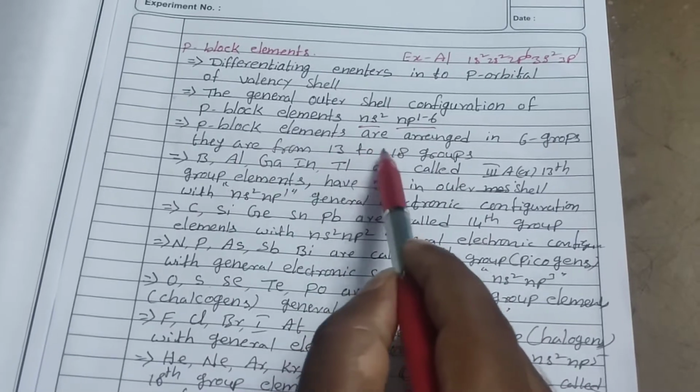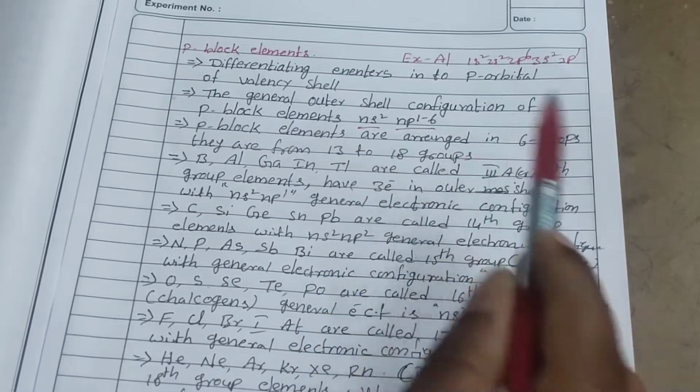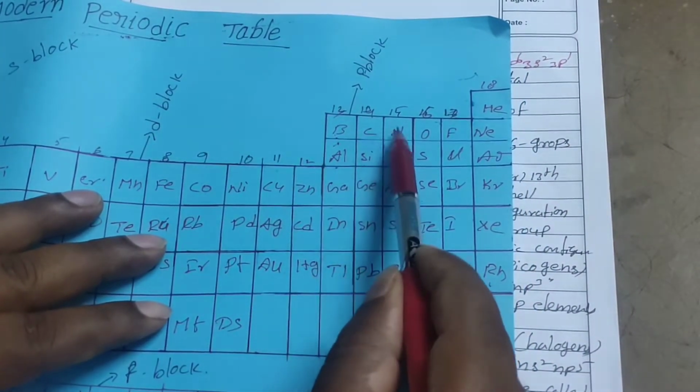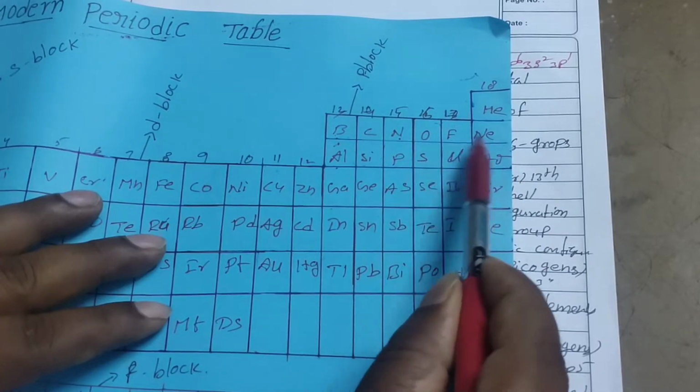P block elements are arranged into 6 groups, that is 13, 14, 15, 16, 17 and 18.